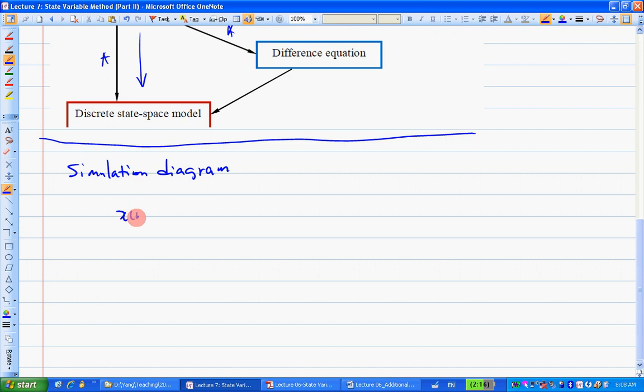You have x of k, and you have x of k plus 1, or x of k minus 1. This is basically a sequence of numbers. Let's say from x of k minus 1 to x of k, or the other way around, from x of k to x of k minus 1.